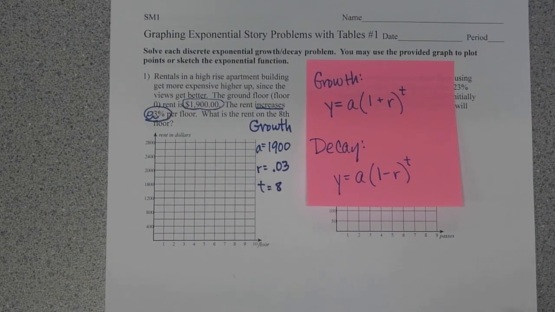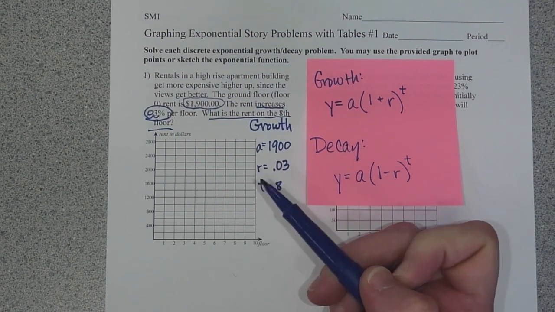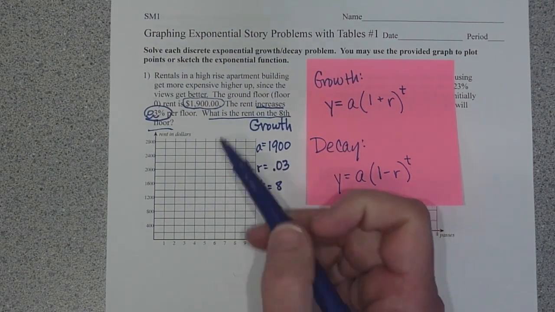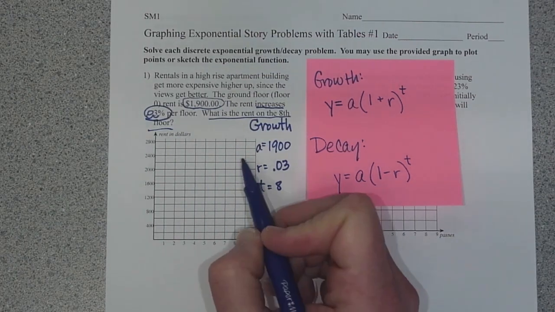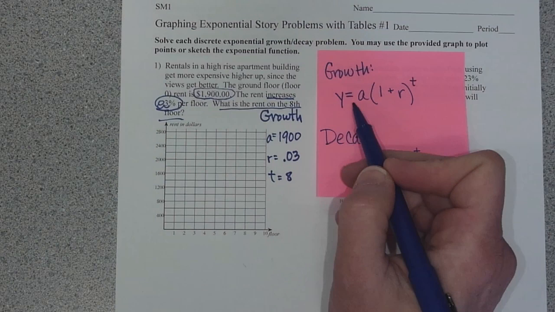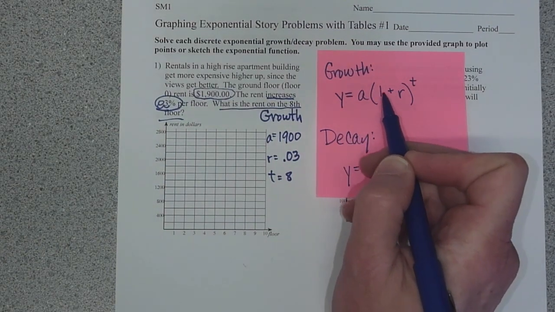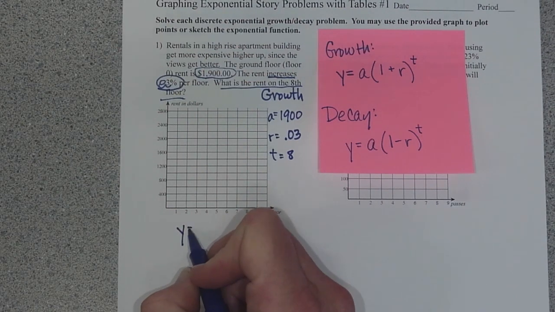What we really want to answer this question is just the amount on the 8th floor. But we are going to actually find out 0 through 8 so we can make a nice graph as well. So back to our equation. Remember, y equals a parentheses 1 plus r to the t. I'm going to write down here our equation with those values filled in.